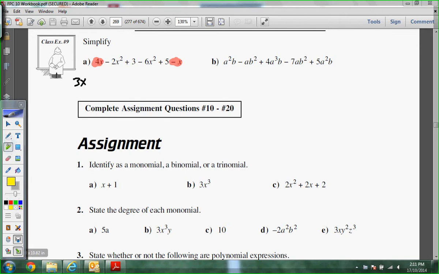Go back to here: negative 2x squared and negative 6x squared. Negative 2 minus 6 is negative 8x squared. Lastly, 3 plus 5 is 8. It's good practice to write in descending order, so I would write your x squared in front, like so.